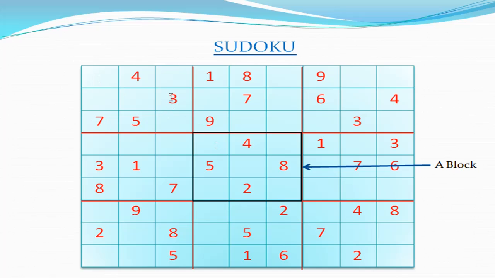Each block is having 9 tiles. Now, you can see some numbers are given, and in the blank places we have to place the correct number.